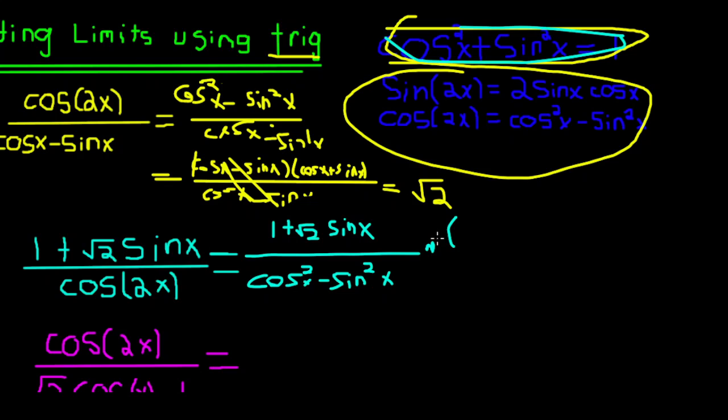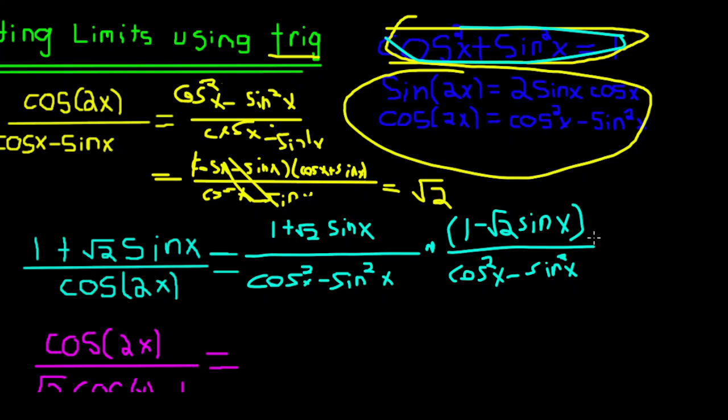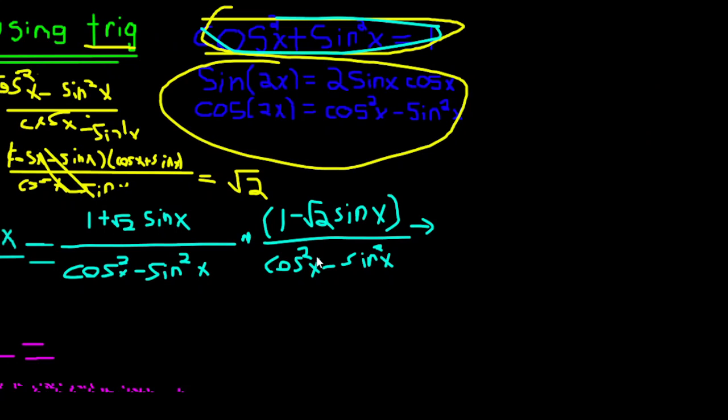So what I'm going to do is multiply by a clever form of 1. I'm going to multiply by the conjugate of the numerator here, just so that I get difference of squares. Then cosine squared x minus sine squared x, and oh, hang on. This is actually not going to be that. This is going to be the same as the numerator.